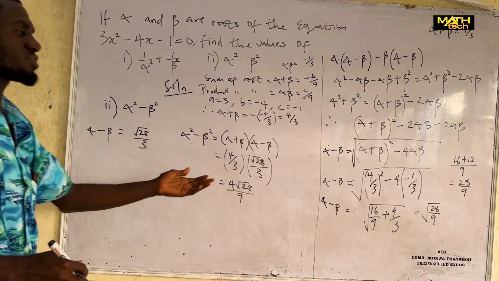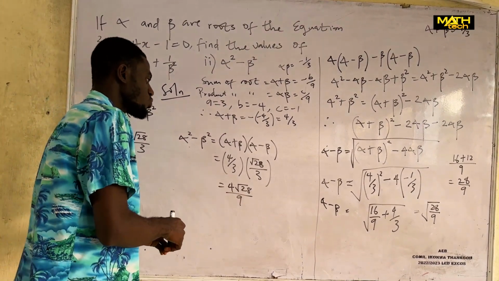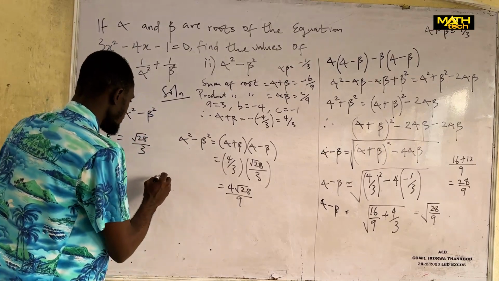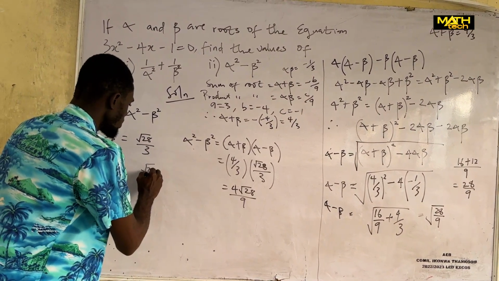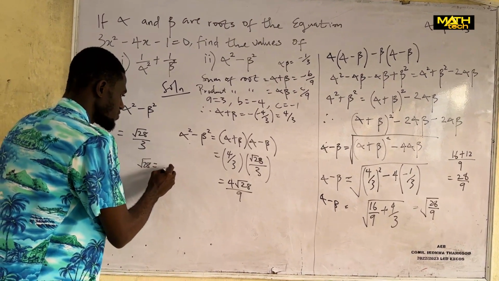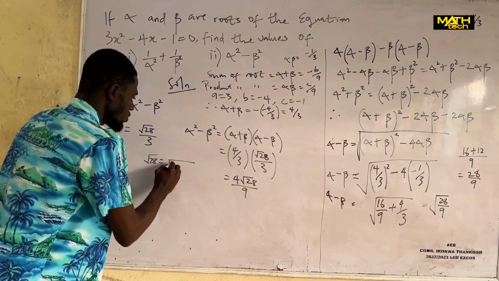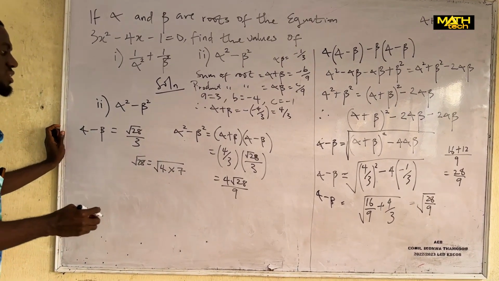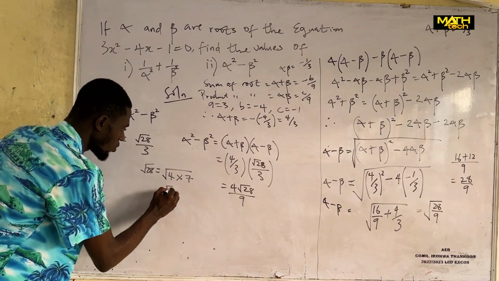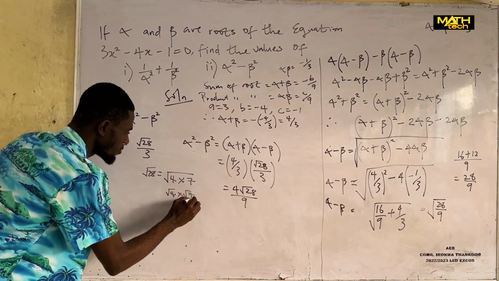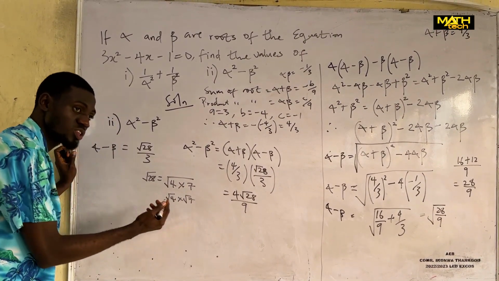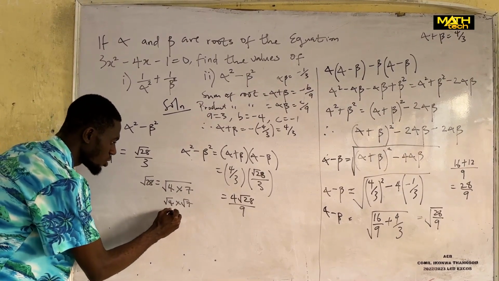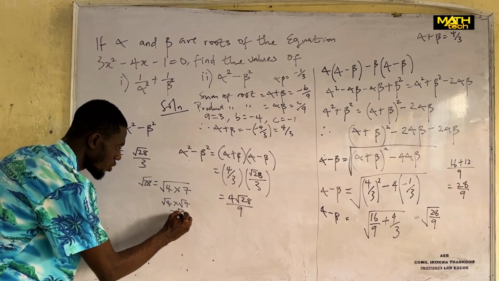So don't forget, going back to our source, the square root of 28 can be written as the square root of 4 times 7, which is the square root of 4 times the square root of 7. Since 4 is a perfect square, the square root of 4 is 2, so we have 2 square root of 7.